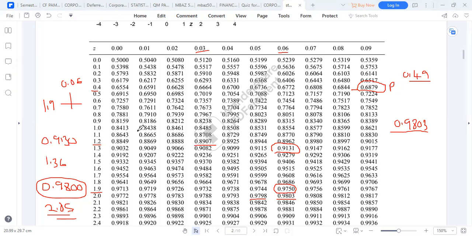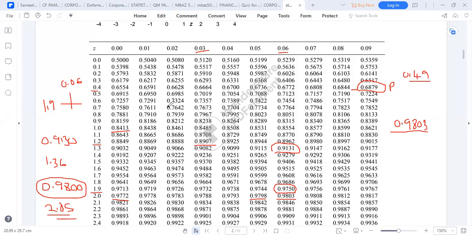So 2.0, what is the reading for 2.0? 0.9772. About 1.0. 1.0. 0.8413. Good, 0.8413.